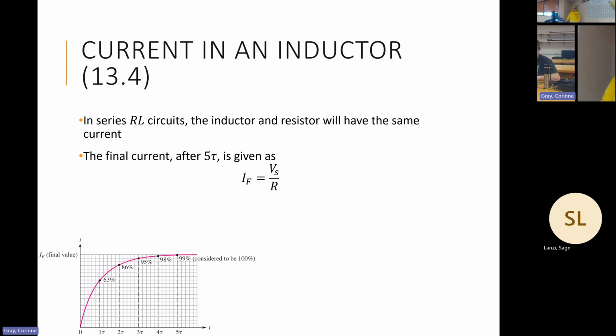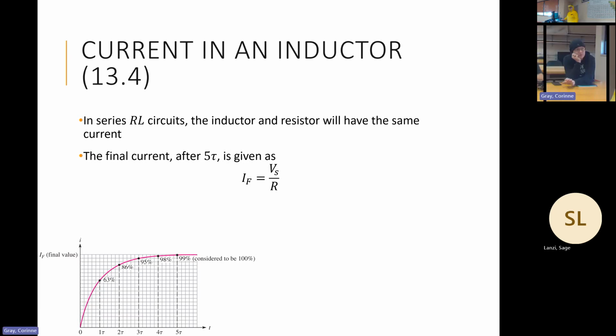So we can find this final current value by utilizing Ohm's law. So here we have I_F is equal to V_S divided by R. Why do I not need to include the inductor for the maximum current value here?